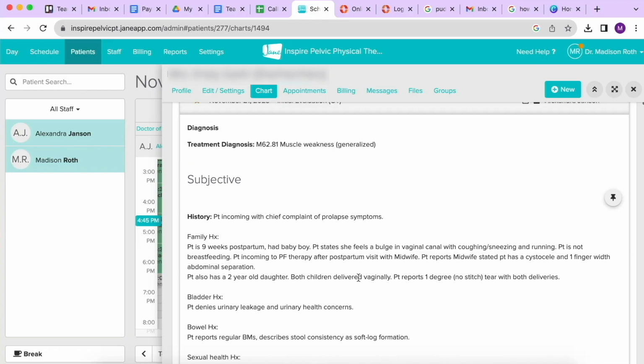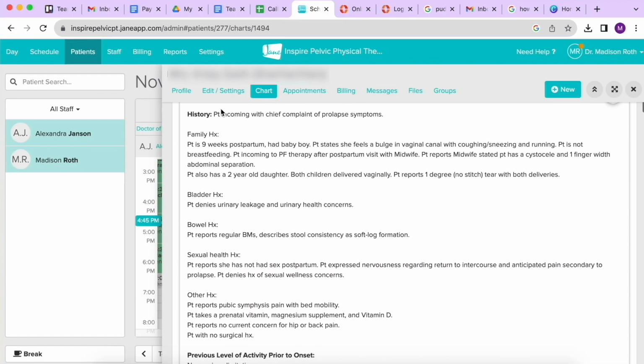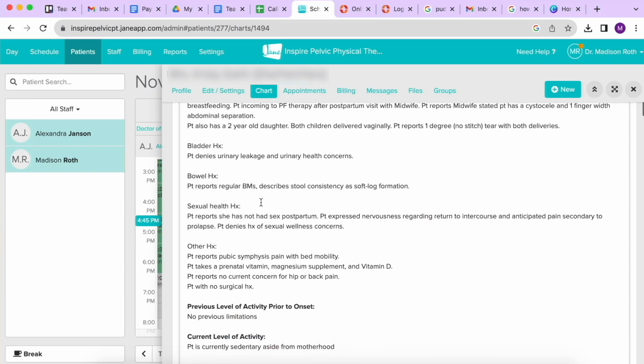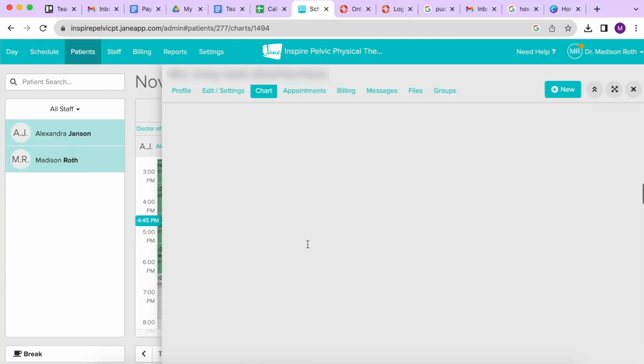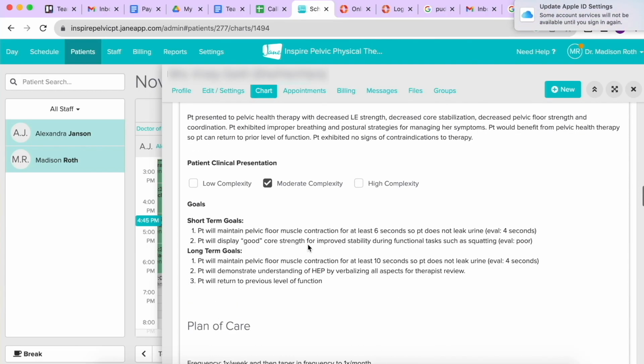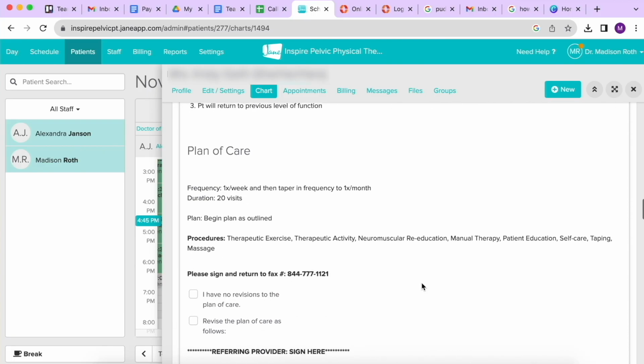She did her eval, and we don't need a medical diagnosis here, but treatment diagnosis. And then Lexi likes to have all these different categories: family history, bladder history, bowel, sexual, other. She filled all this out. This patient was referred from Mid-Michigan OB-GYN. So then we typically, if they're a referral, we'll send the note to the doctor. The admins will send it later in the week to the doctor that referred.